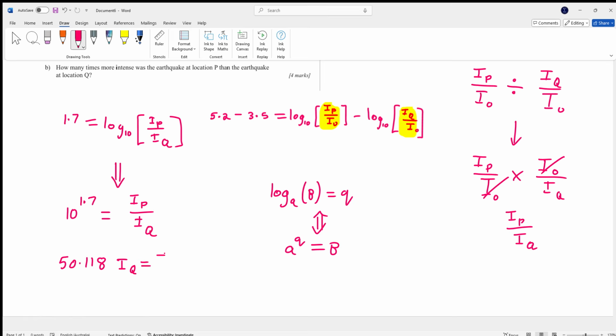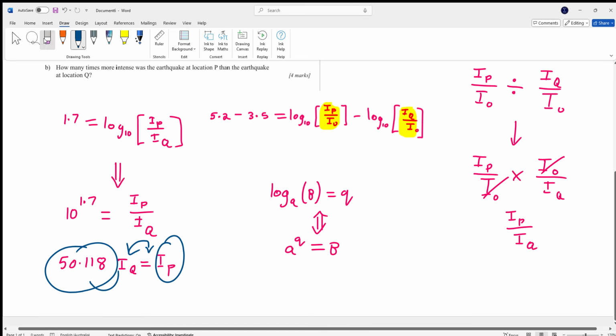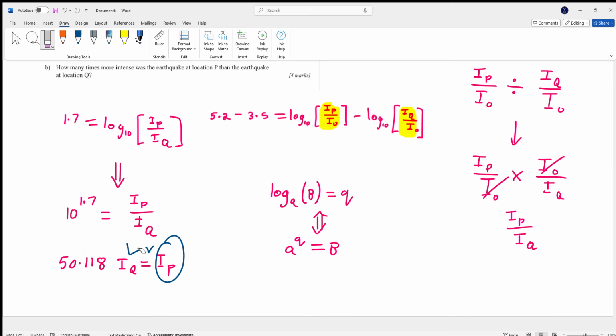So what does this equation tell us? Well, it directly compares the intensity of the two locations. Location P is equivalent to 50 times the intensity of location Q, which means location P has a more intense region, hence why it's got a larger magnitude.